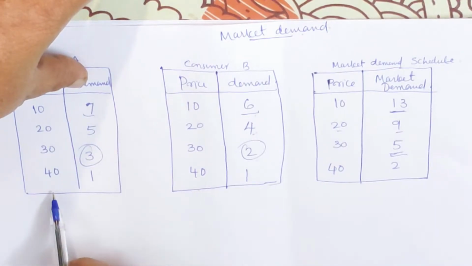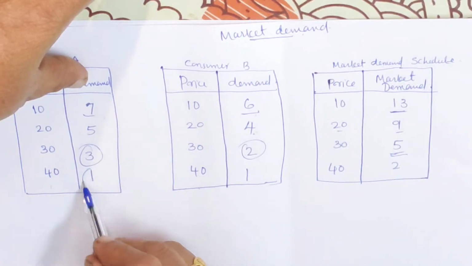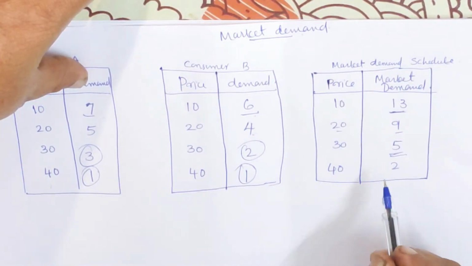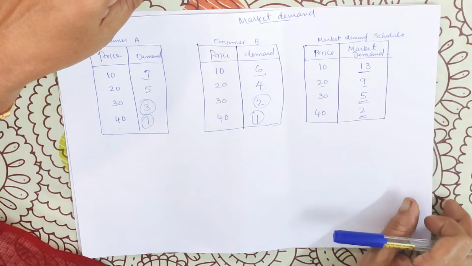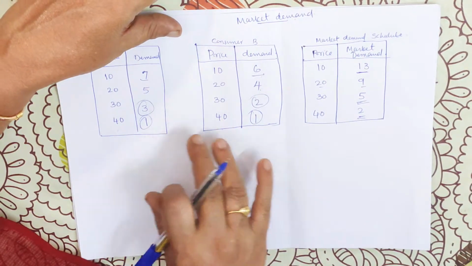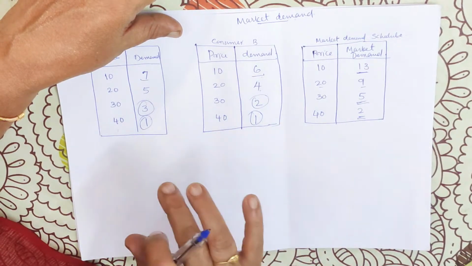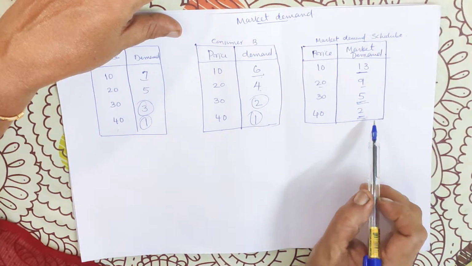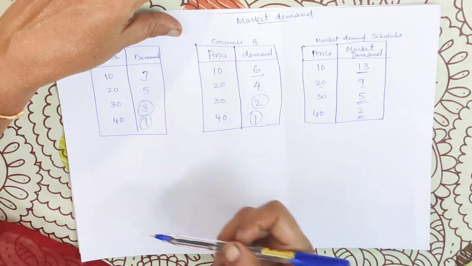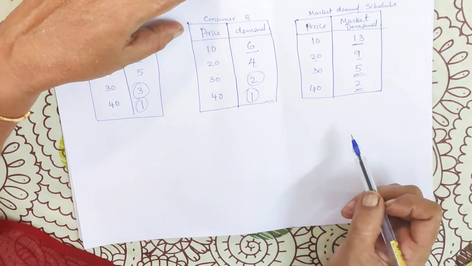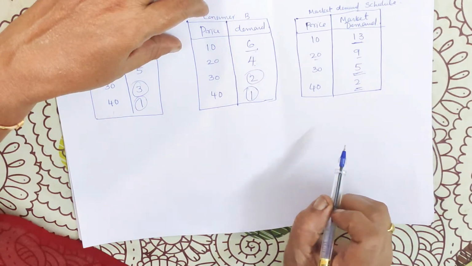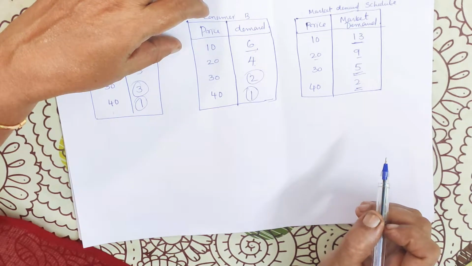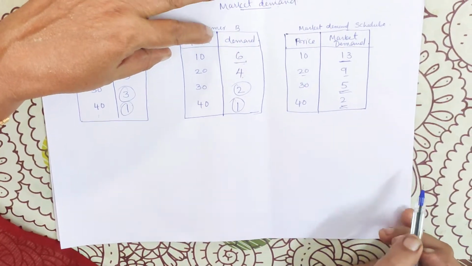When market price is equal to 40, demand is only 2: 1 plus 1 is equal to 2. So by adding the individual demand schedules, we get the market demand schedule. Then we can draw the market demand curve by the horizontal summation of individual demand curves.